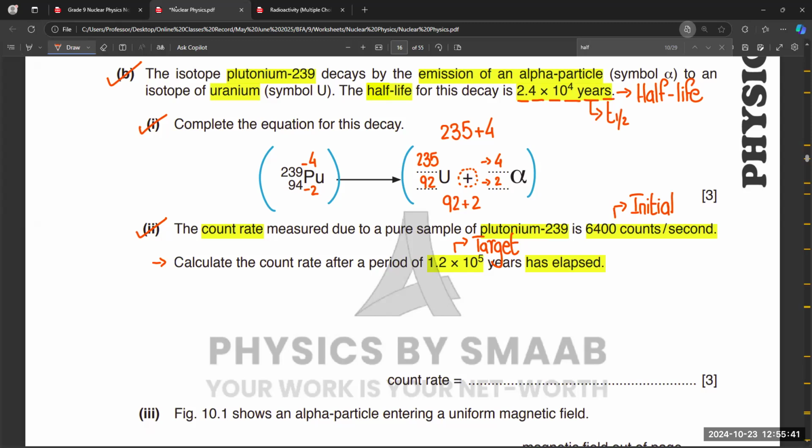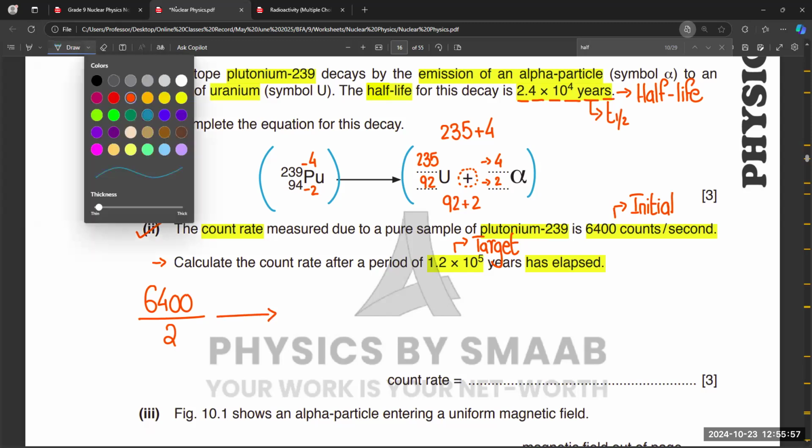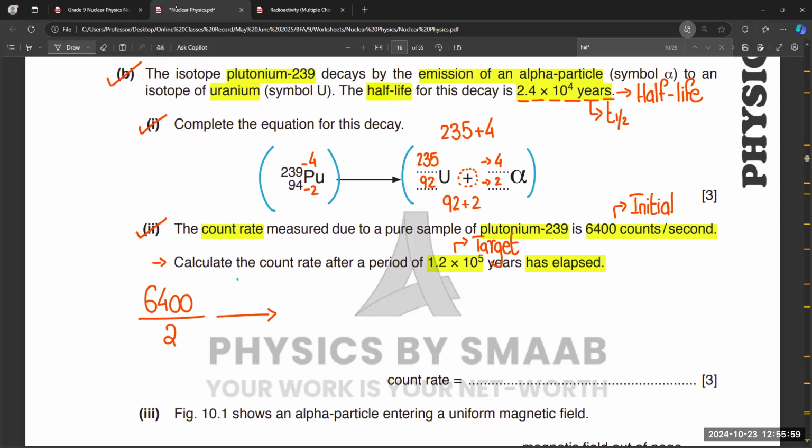For example, if we consider again the initial value, 2.4 by 10 power 4 is the half-life.